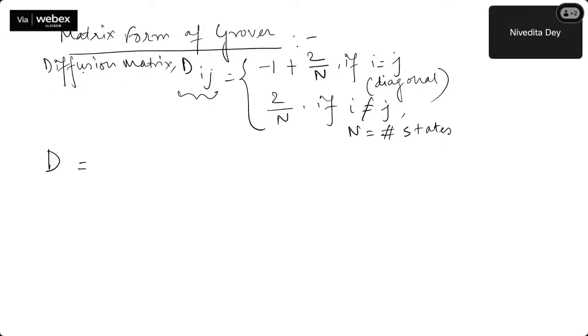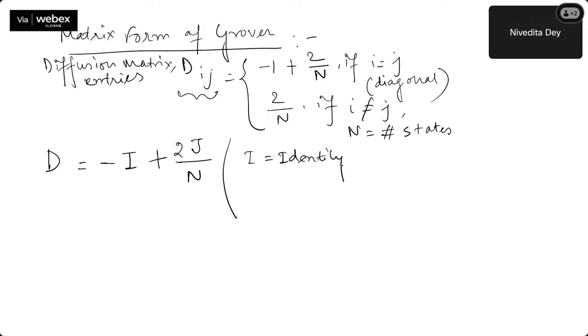This is not the matrix, rather diffusion matrix entries I should be writing, because Dij is how you will be calculating in this way. And your matrix itself is D equals minus I plus 2 times J by N. What is J and what is I? I is your identity one. What will be the order of the identity matrix? That depends on the order of your state vector. Based on that, you will have to add it.